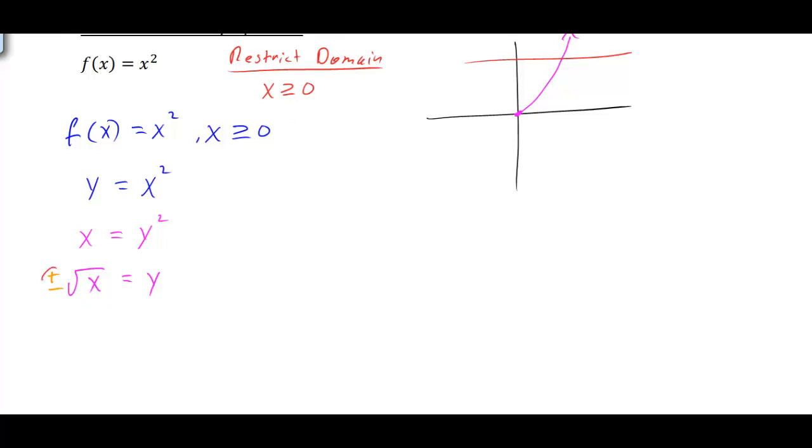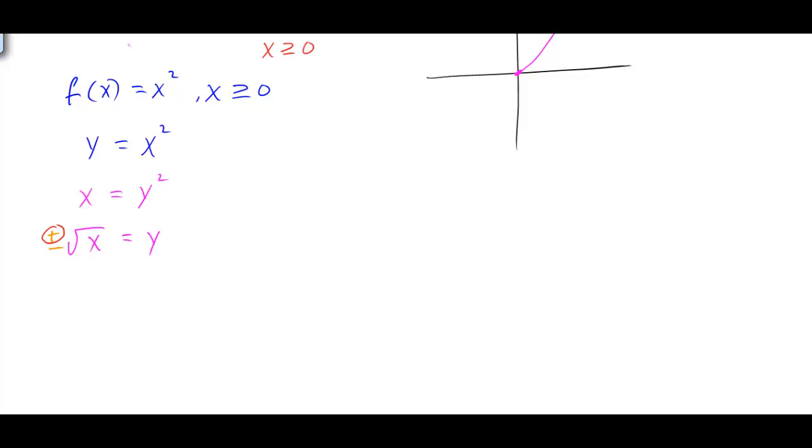We're only going to be looking at the positive, okay? And that has to do with the idea because we had restricted our domain for our function. So here we have our inverse function of f is going to be the square root of x.